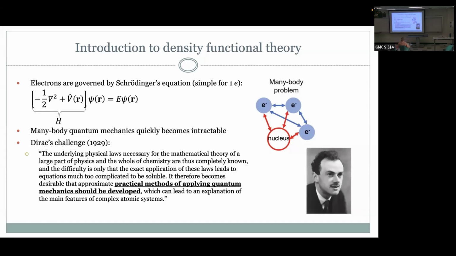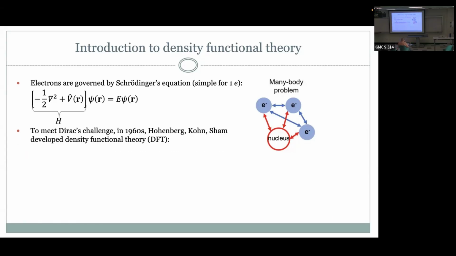So when quantum mechanics was developed early last century, people realized, and Dirac formulated this, that we have developed a mathematical theory governing the systems of small size, such as electrons. But we need practical methods of applying quantum mechanics so that we can solve the actual systems that we see around us.